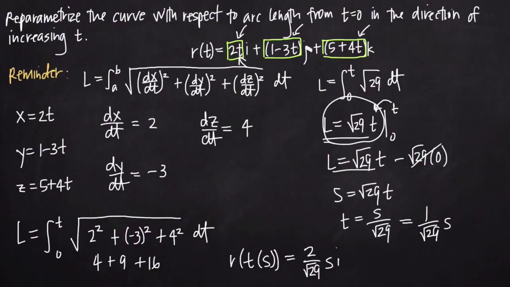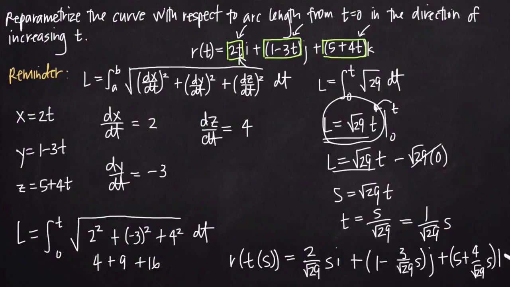We'll do the same thing for the coefficients in front of j and k, and we're going to get plus 1 minus 3 over root 29 times s times j, and then plus 5 plus 4 over root 29 times s times k. This is now our vector function defined in terms of the parameter s instead of the parameter t, so we've reparametrized the curve with respect to our arc length function from t equals 0 in the direction of increasing t.